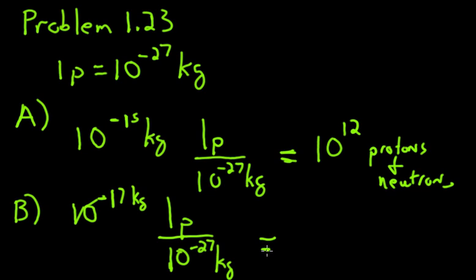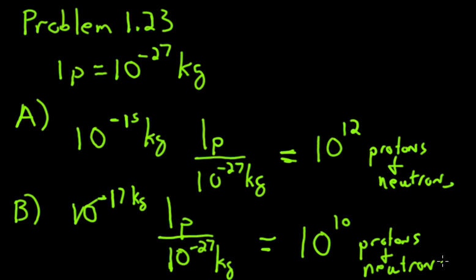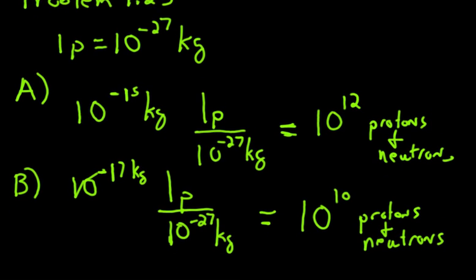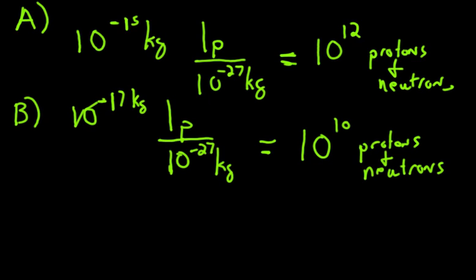Using my rules of exponents, negative 17 minus 27, that becomes 10 to the 10th protons and neutrons. So this whole thing is set up for us to estimate by using our rules of exponents. And so we get 10 to the 10th protons and neutrons in a DNA molecule.